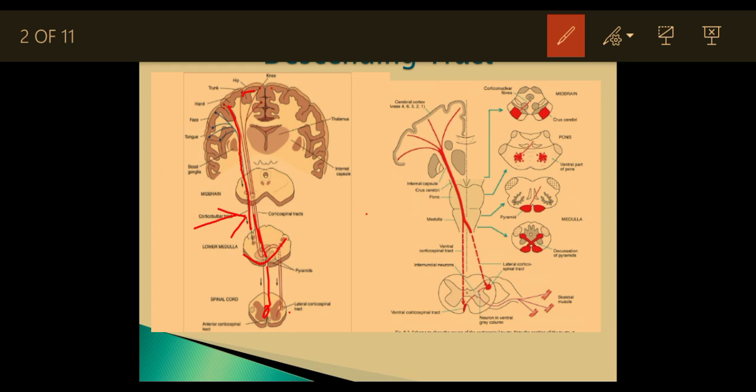So in this course of discussion, we have come to the point of the two nuclei, that is the upper motor neuron and the lower motor neuron.